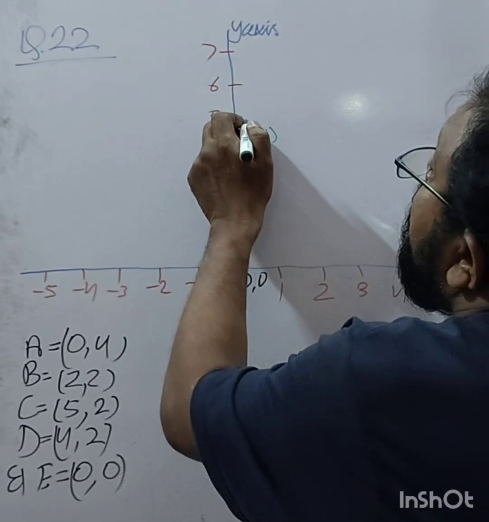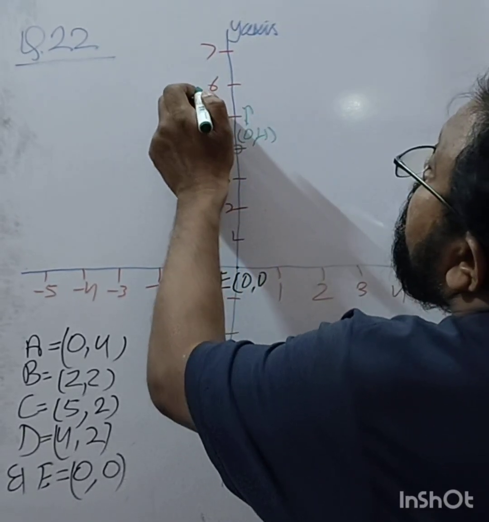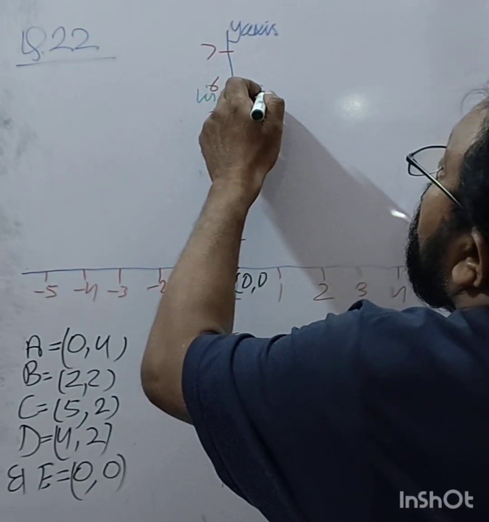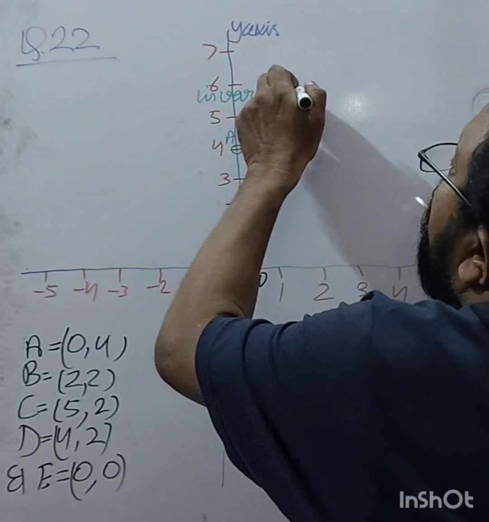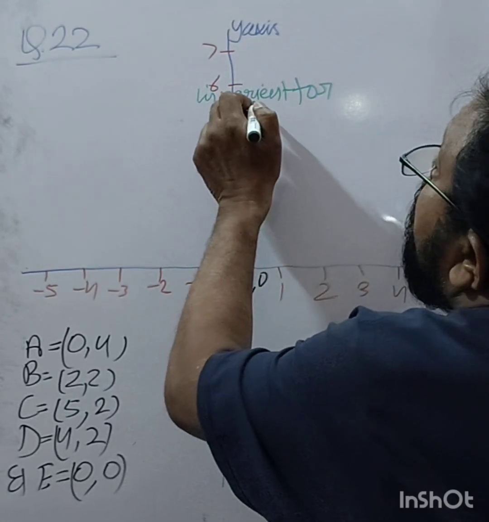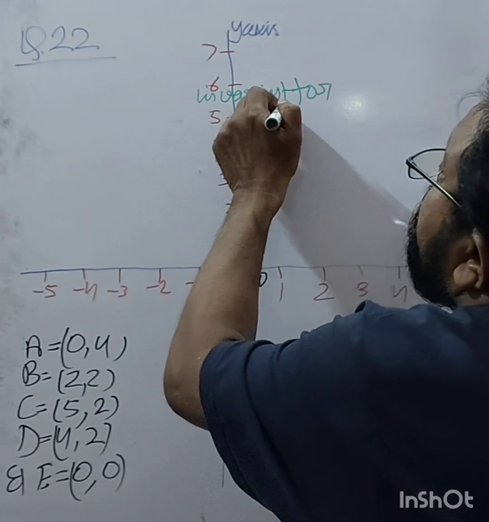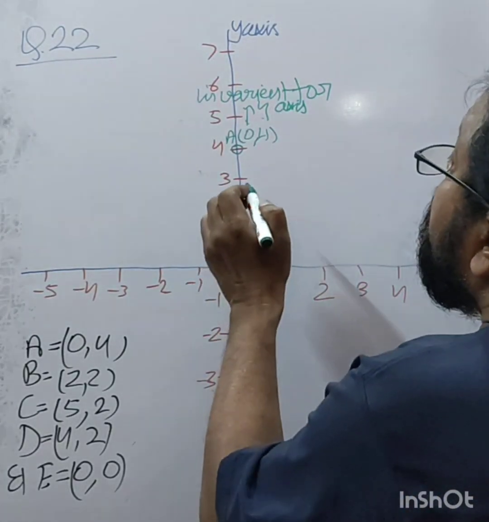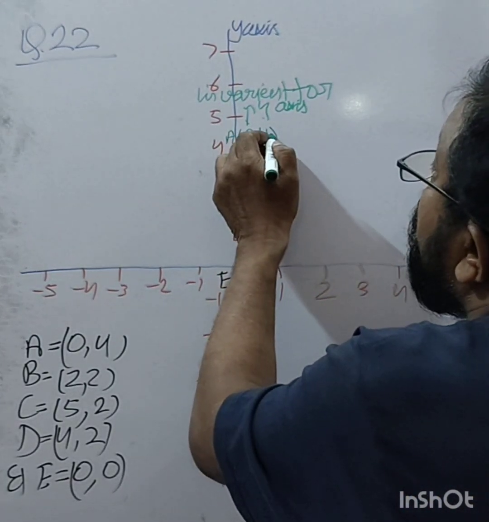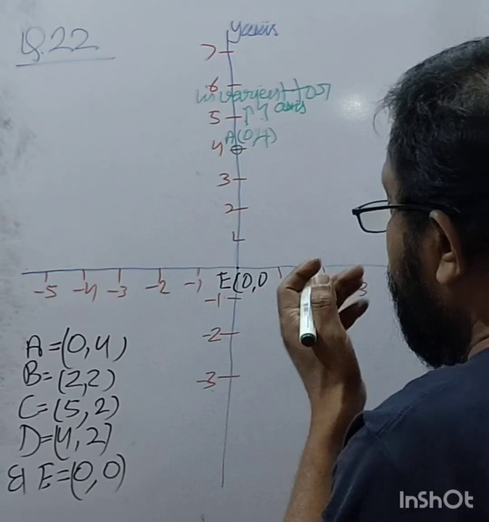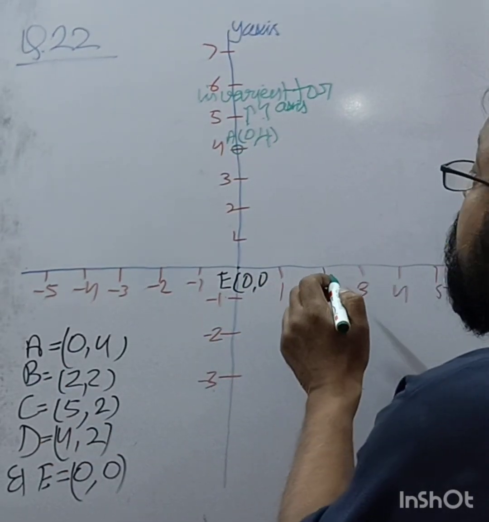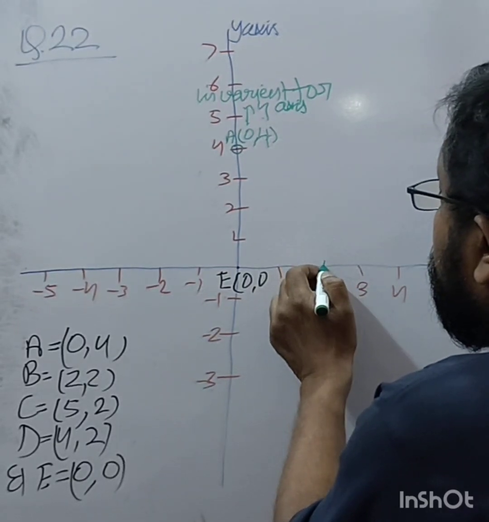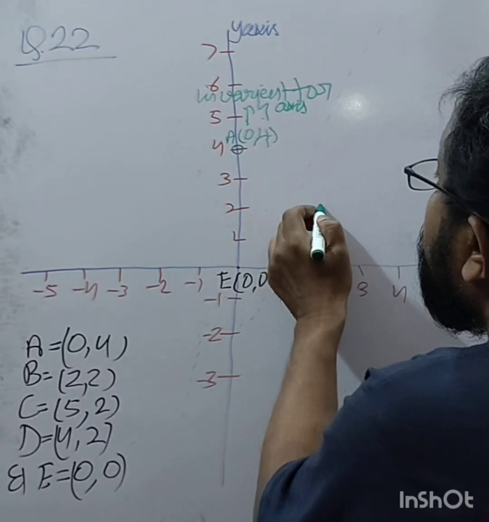It is invariant for y-axis, right? Then you have 2,2. 2,2 will be here.